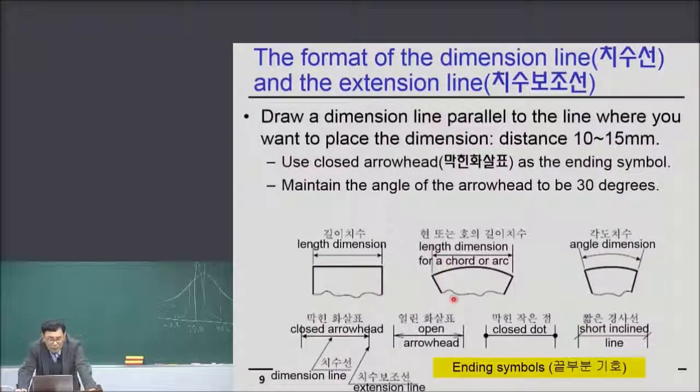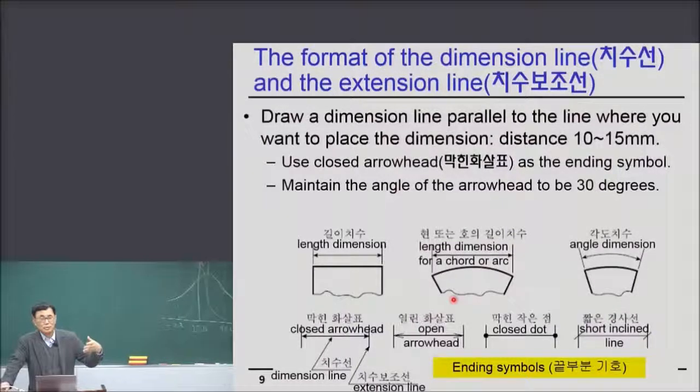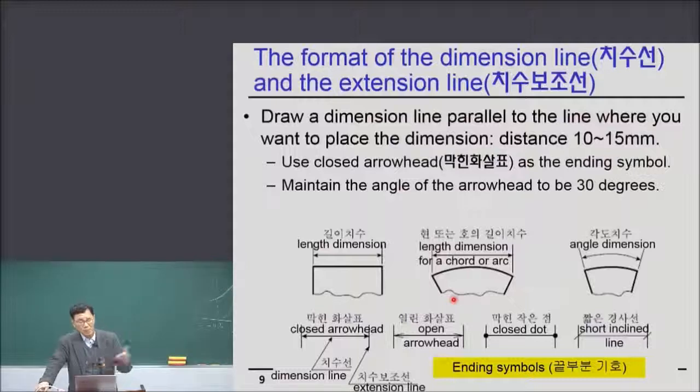Okay, right? Since we are learning a graphic language, it is the same story as with natural language. 30 degrees is more natural. So you may keep the arrowhead at 30 degrees.